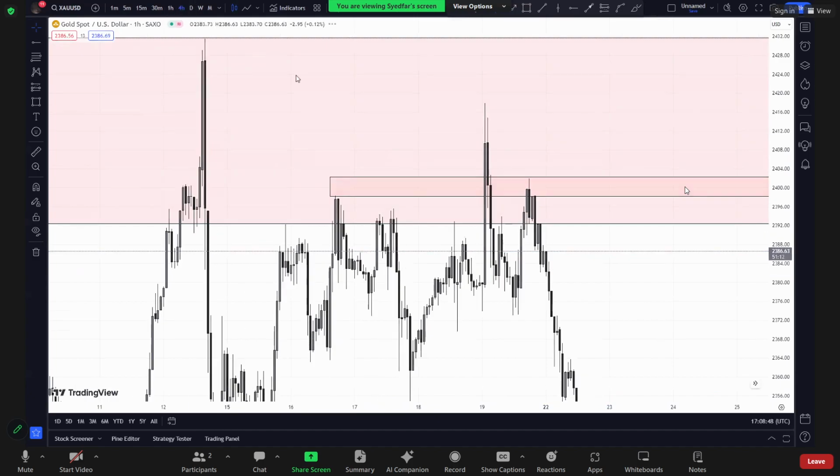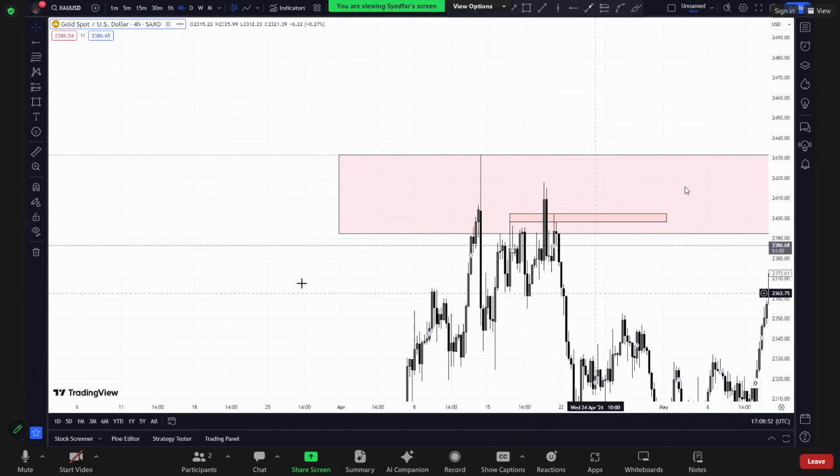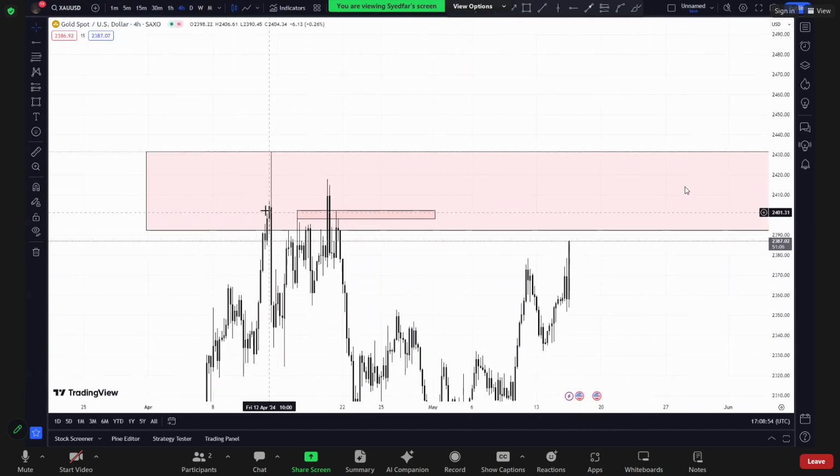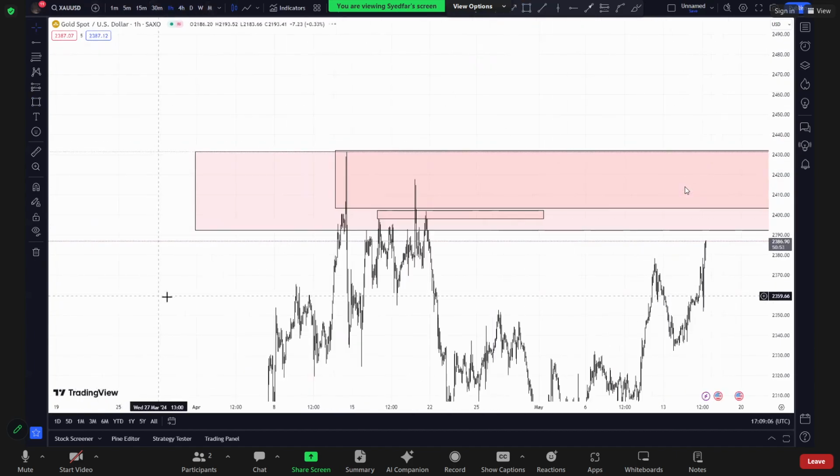Okay. So go to H4. In H4, the second zone is here: high, low, high, high. So here, QM, right? But it's very big, so go to H1 to precise.